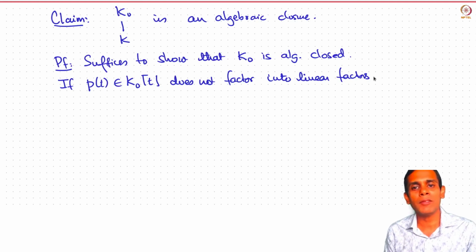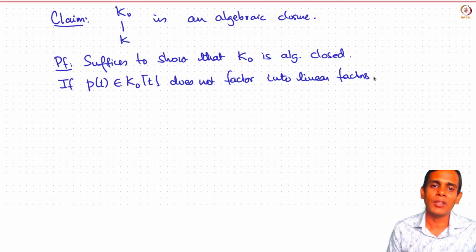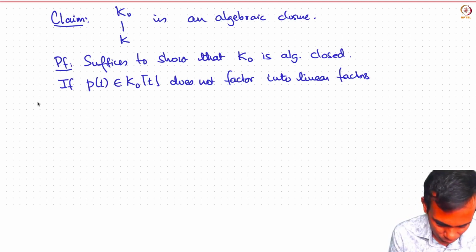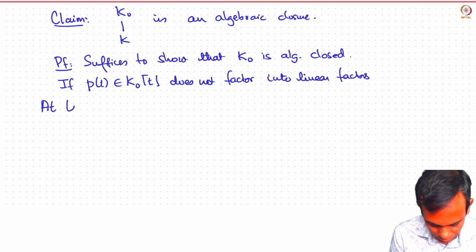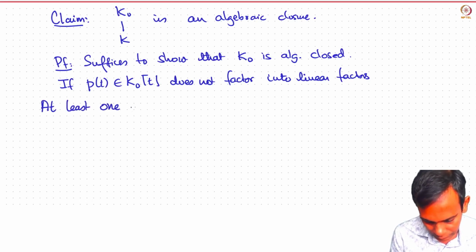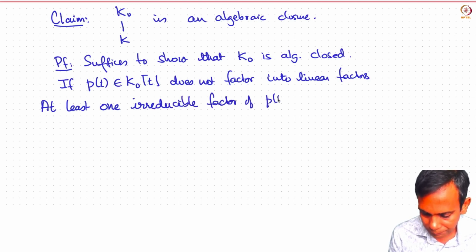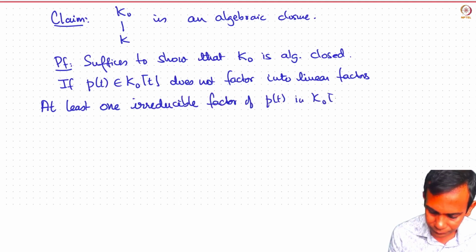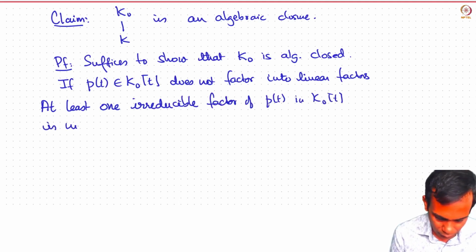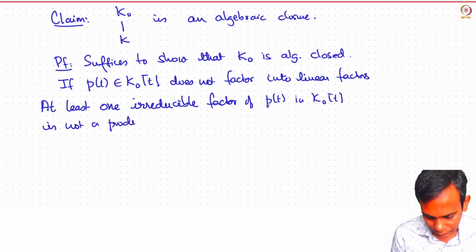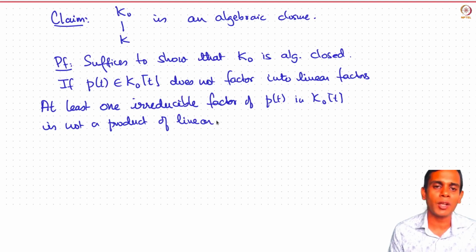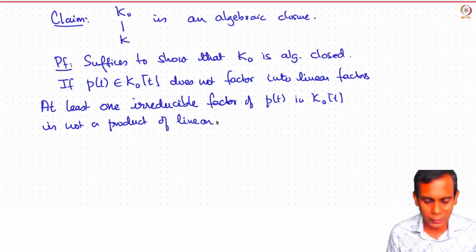At least one of those irreducible factors will not be a product of linear factors, because if each of these factors was a product of linear factors, then p(t) itself would be a product of linear factors.